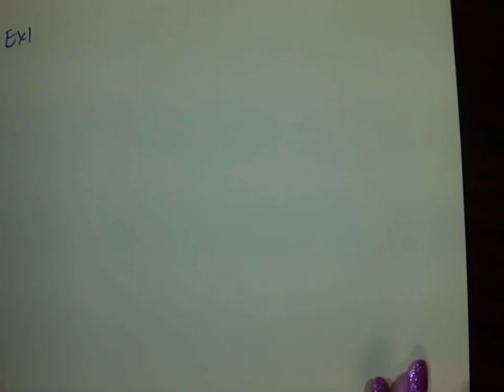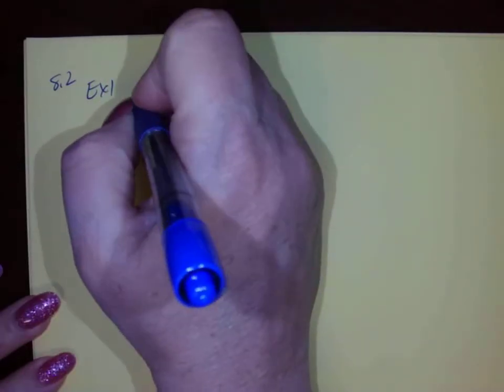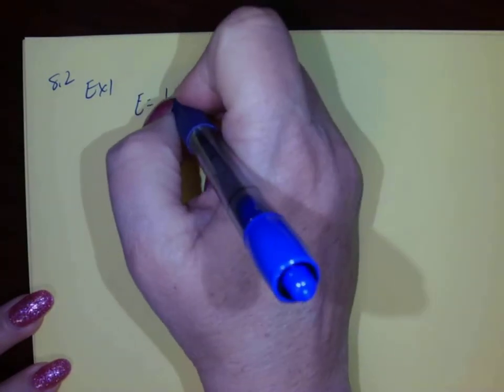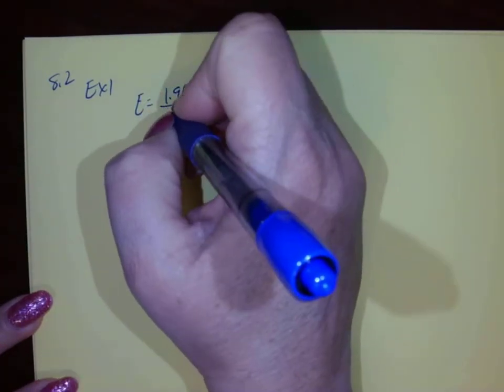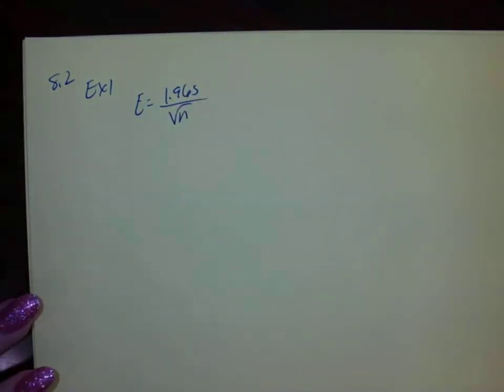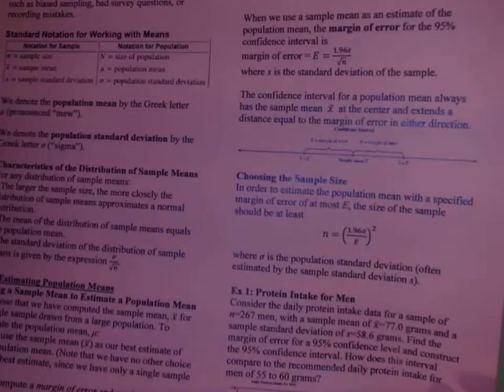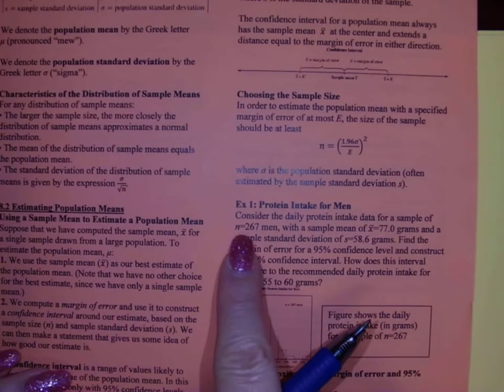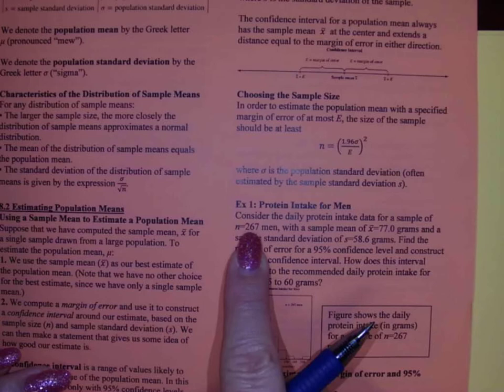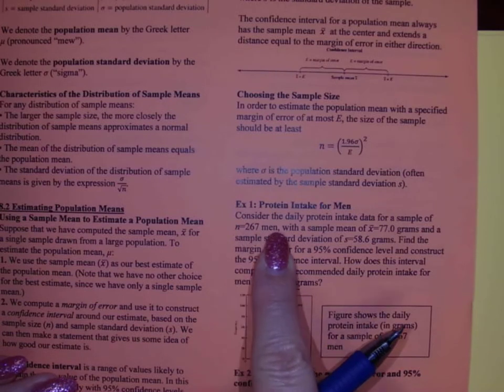All right, so this is 8.2, example 1. So we need to take what we have and apply it in there. So we're looking at our formula of E is equal to 1.96s divided by the square root of n. So we're going to plug in our numbers. We find our n first, right? n is equal to 267.